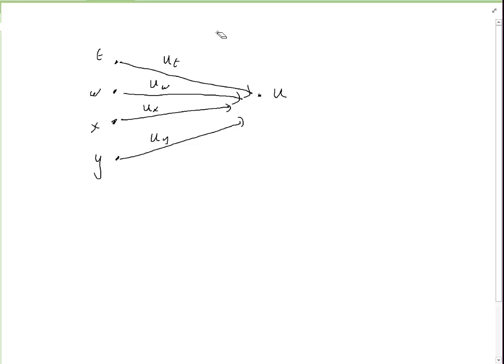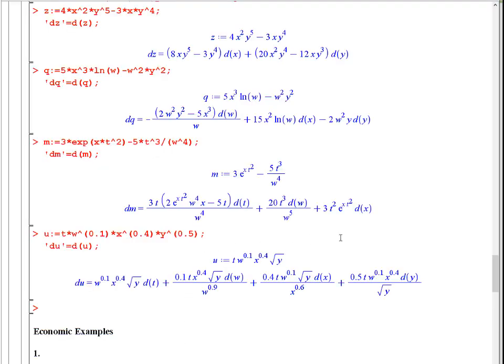Instead of just plus or minus here, which we had before, this gives you more information because it's also giving you the actual magnitude of change. So if you know you've got a change dt here, you multiply by this and you'll get the estimated change in u. A change in dx here, you multiply by this, you get an estimated change in u. If all four change, then you can multiply all four changes by these derivatives and you'll get the predicted change in u. So it's making this channel diagram of effects much more powerful and more specific because you have these effects.